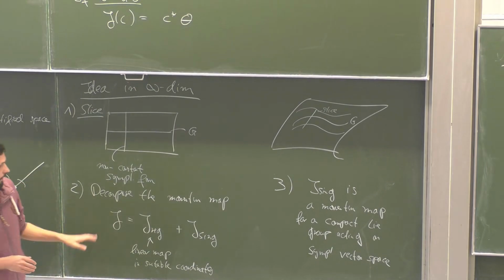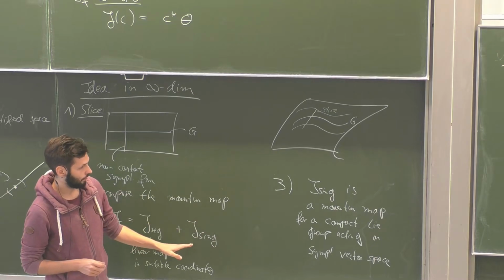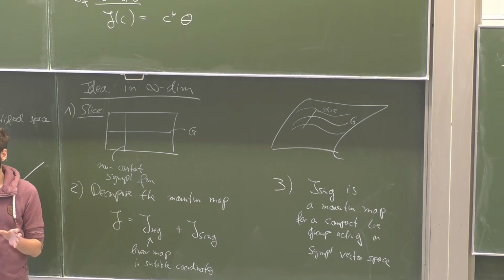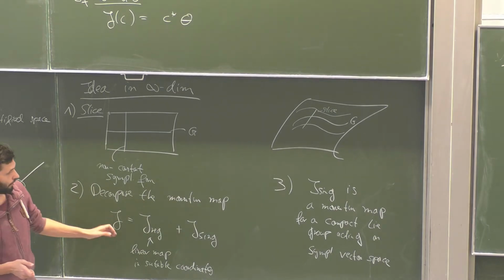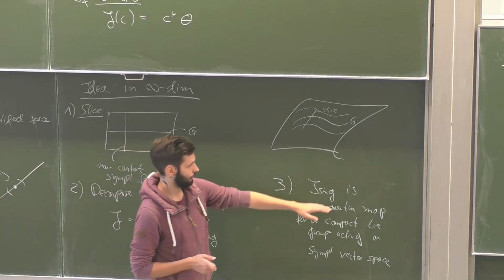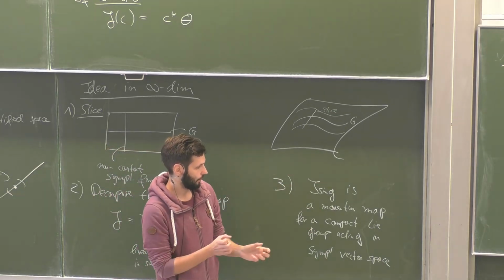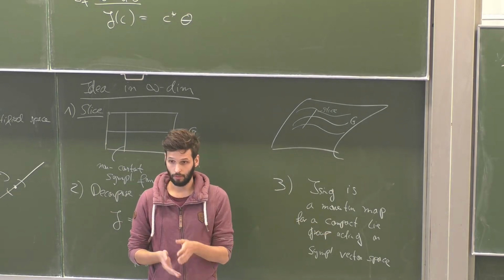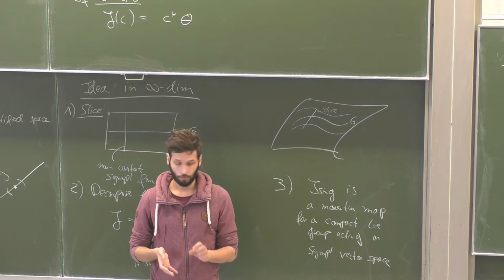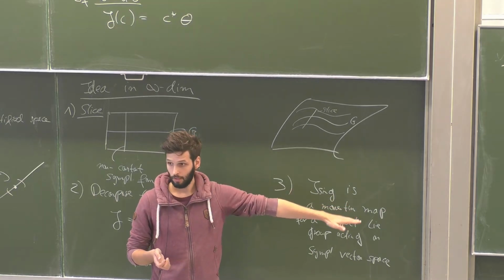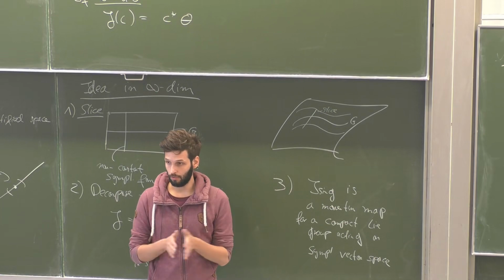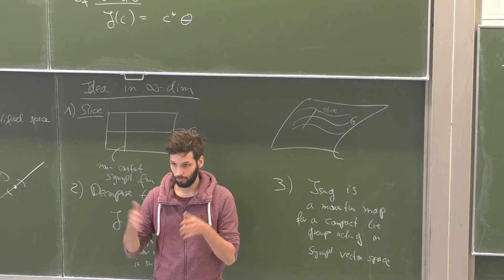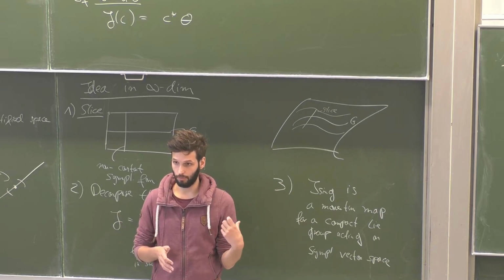So the idea here is that we get some additional information from the fact that our original map was not an arbitrary map but a momentum map. So we can go through this reduction procedure to see that the singular part is a momentum map, but now we reduce the problem to a compact Lie group action on something with a constant symplectic form. So it has to be a quadratic. And that quadratic gives us enough information to really push down the whole procedure of symplectic reduction, singular symplectic reduction, also in infinite dimensions.